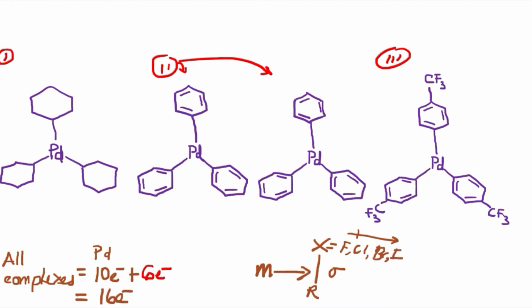This is an indication that all these complexes here are active. If you're not active, that means you obey the 18 electron count that is required for a metal complex to be inactive.